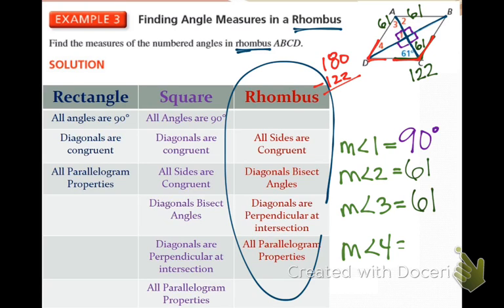If angle C is 122, you subtract it and you get 58. So the whole angle at D is 58. But angle 4 is only the top half. So it's half of 58, 29. You could have done it that way.